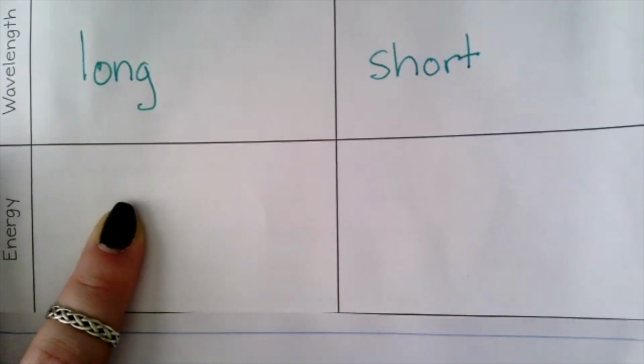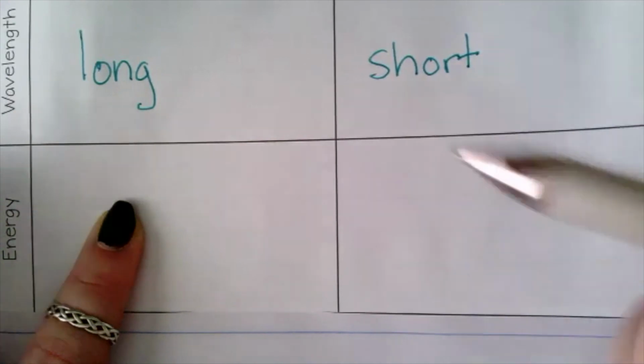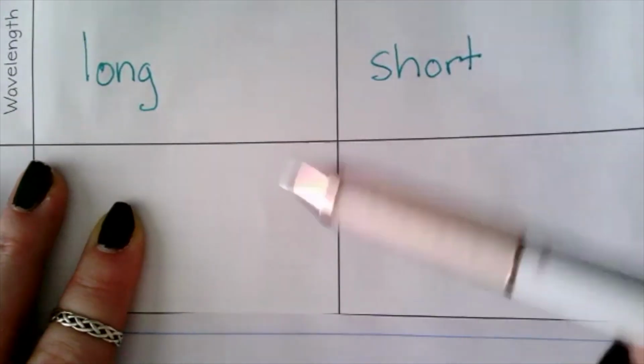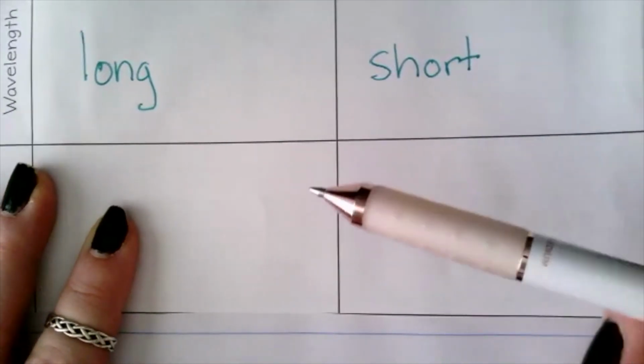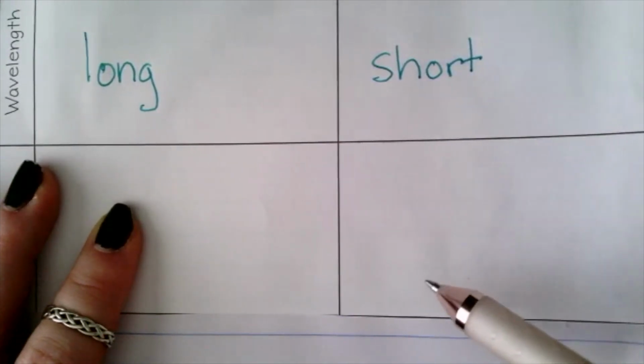There's actually a really easy way to remember this. We want to think that the one that has the most wavelengths in the same amount of time is going to be the one that's high energy.